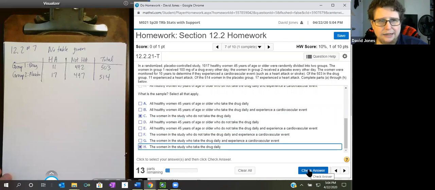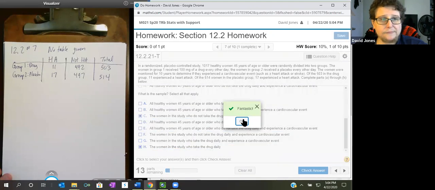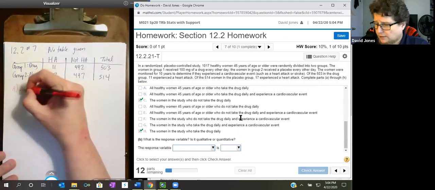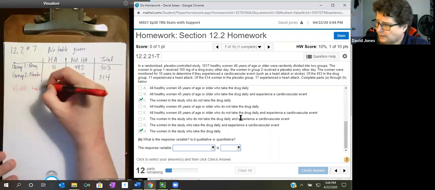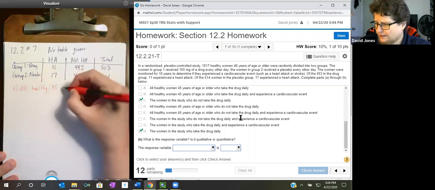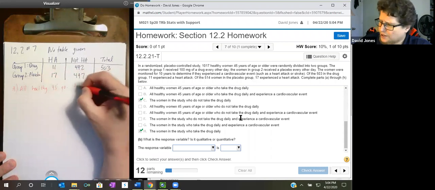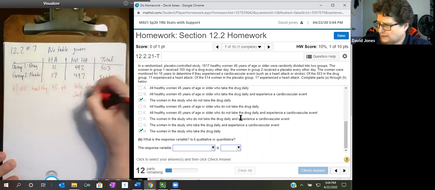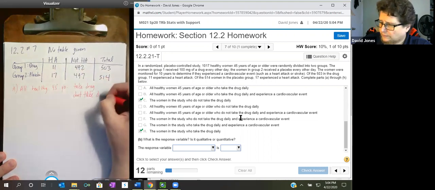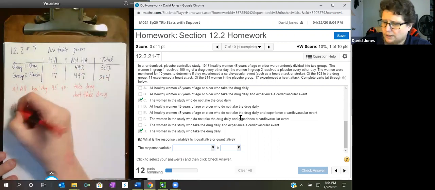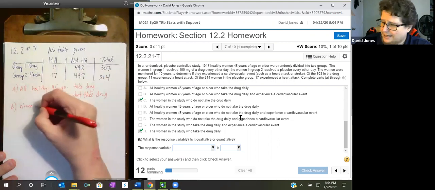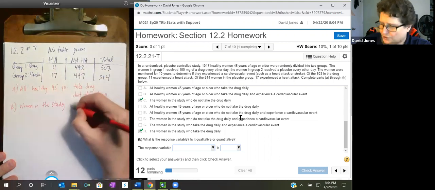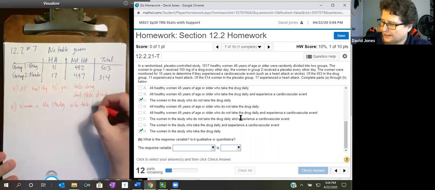It's just the women in the study, not the whole population. So A was all healthy 45-year-olds that take the drug or don't take the drug. Part B was women in the study who take the drug or don't take the drug.